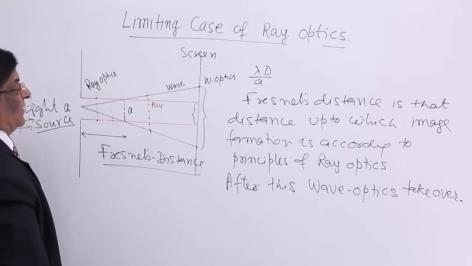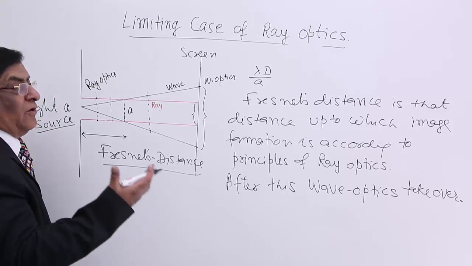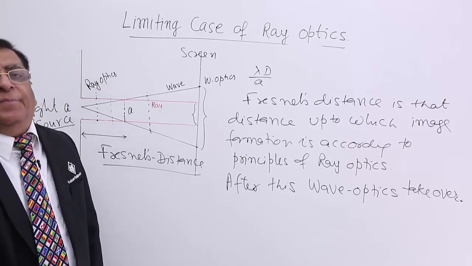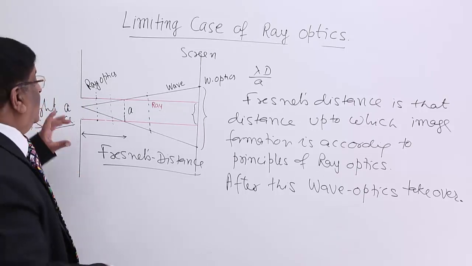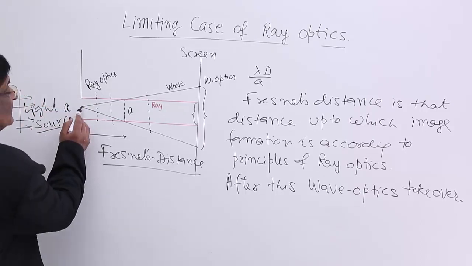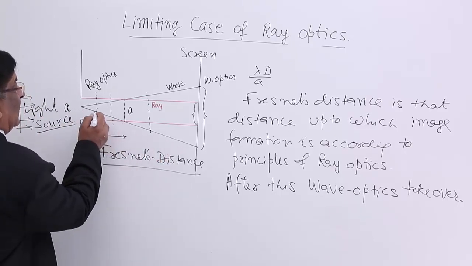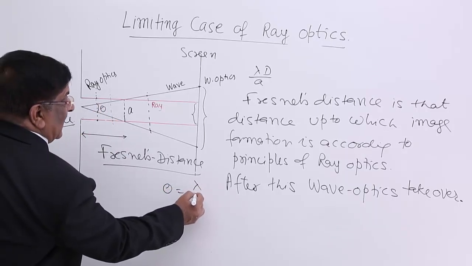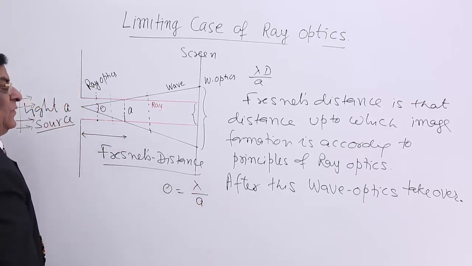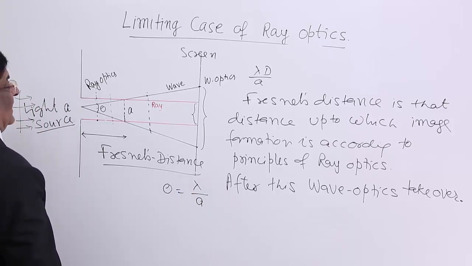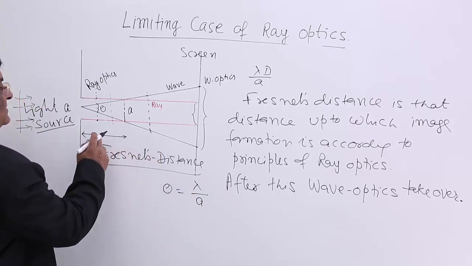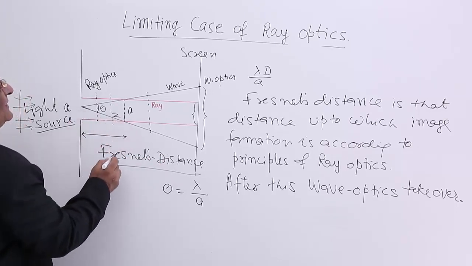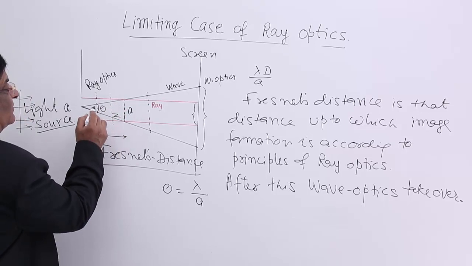Now, can we calculate how much is this distance and on which factors this distance depends? Answer is yes. It depends upon wavelength and it depends upon this opening. How? If this is the say reference line and this angle is theta, we know that this theta is equal to lambda upon A. Okay. Now, according to our Fresnel's formula, if this distance is equal to z, then arc upon radius is equal to angle.